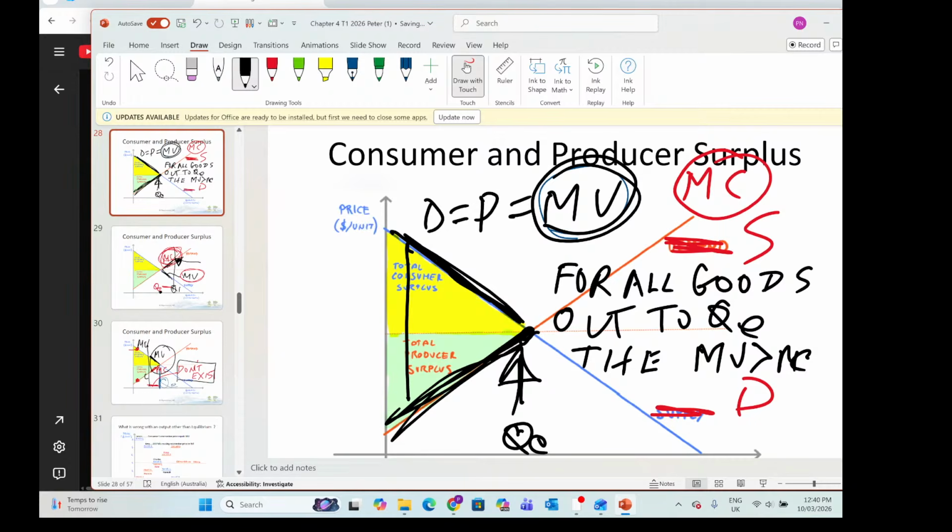There will be a surplus for every product out to the equilibrium. There'll be a surplus all the way out there.